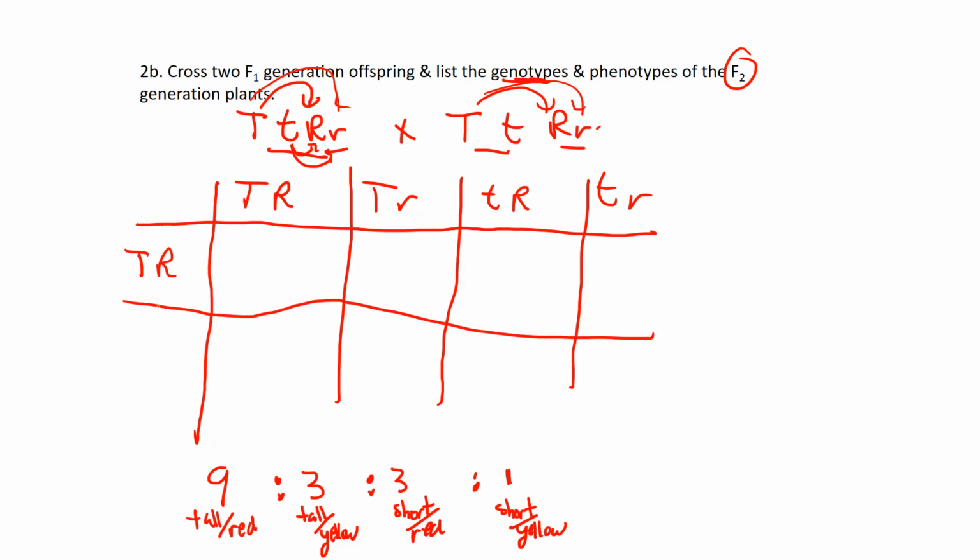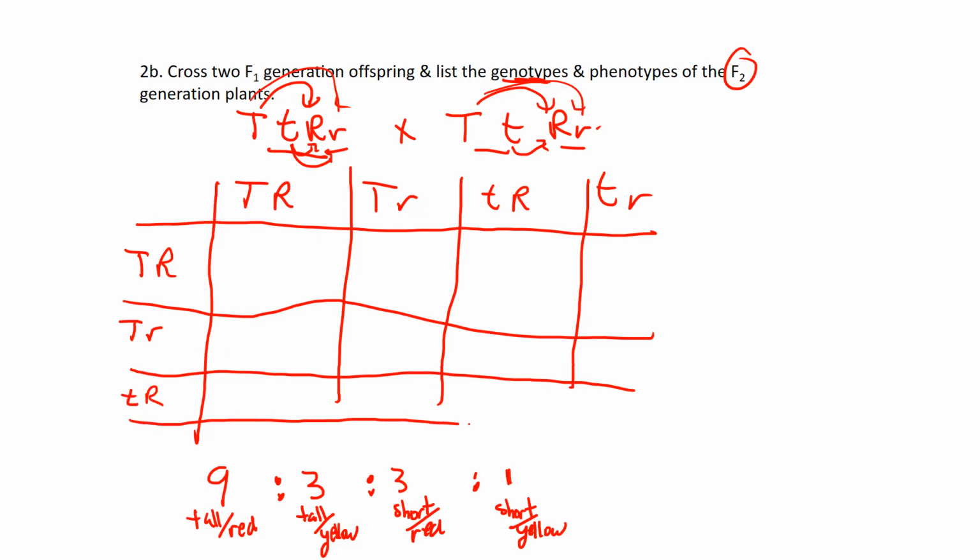Sorry guys, this might get a little messy, but again, we're not going to do them all. Capital T, little r. Okay, little t, big R, and then little t, little r.